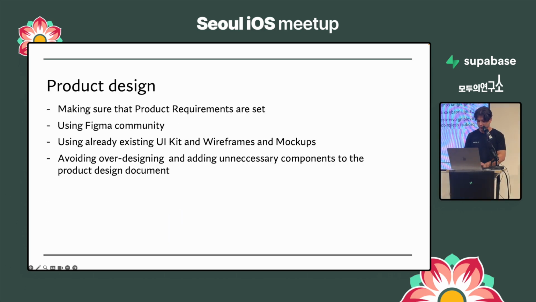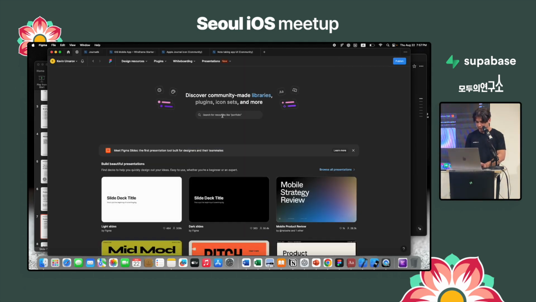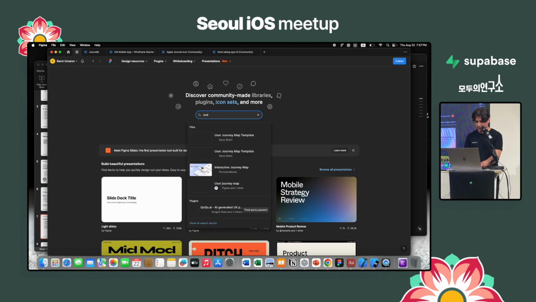So suppose that we have already cleaned up the product requirements, and then we will go to Figma community and we will type. So basically the product is kind of a task manager or journal application.